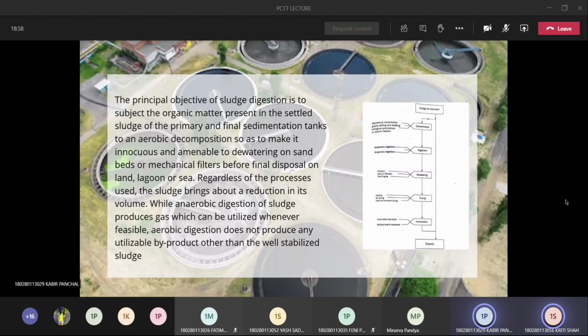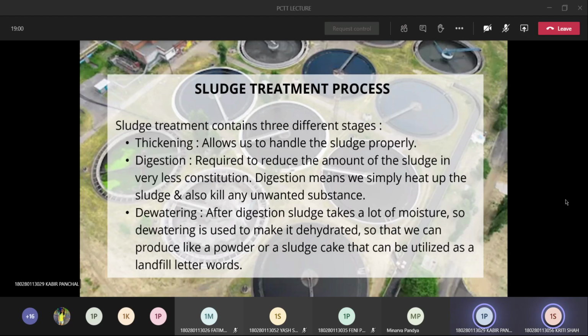Okay. Kabir is going to explain sludge treatment processes. Okay. So sludge treatment contains 4 different stages. First of all, thickening. It allows us to handle the sludge properly. The next one is digestion, required to reduce the amount of sludge.